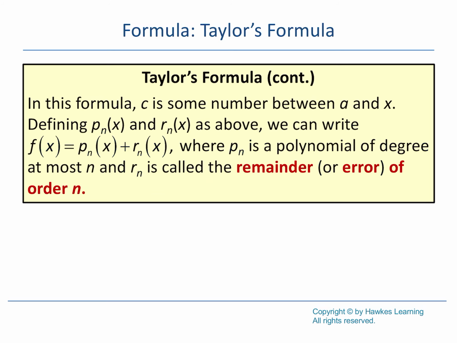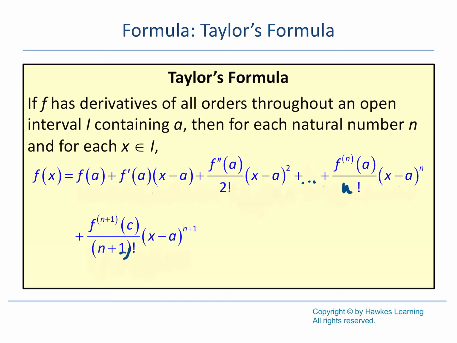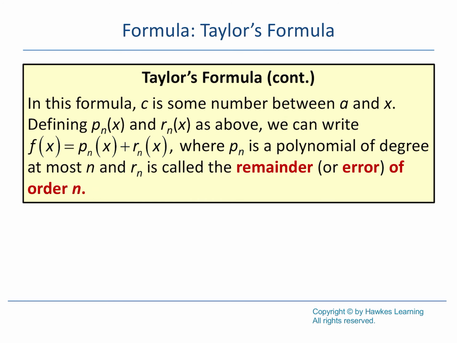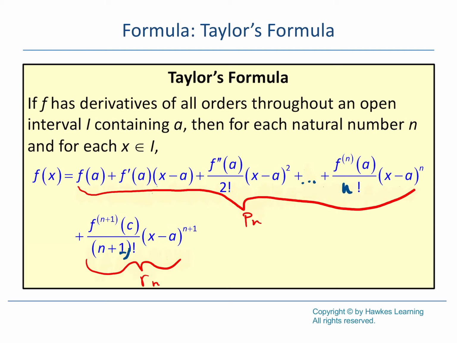I remember what all this is really reminding us to do is to point out the fact that we're going to be calling this whole portion P of n for the nth order Taylor polynomial. And we're going to call this one R sub n, which is the remainder for that Taylor polynomial.